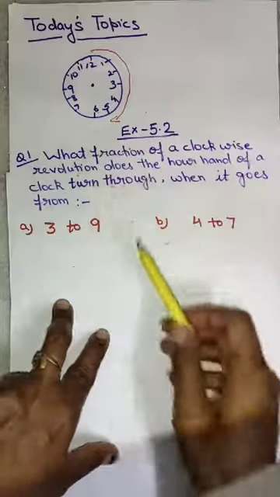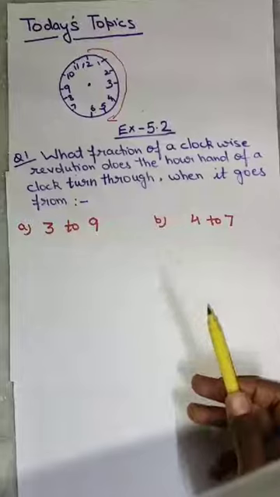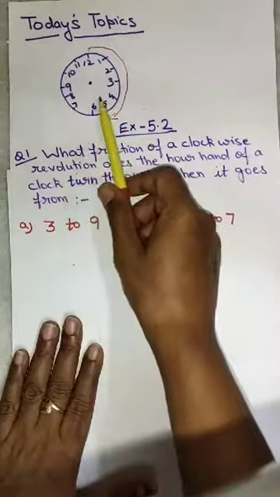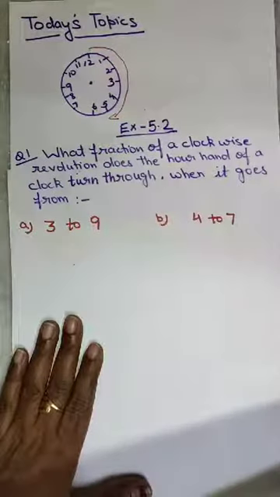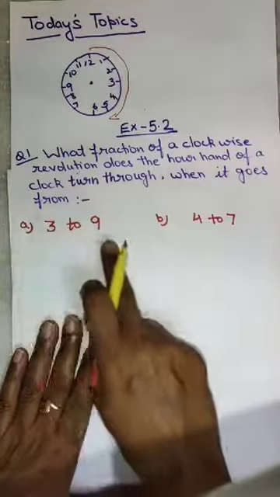So, what fraction of a clockwise revolution does the hour hand of a clock turn when it goes from 3 to 9? This is our clock. Our hand moves in a clockwise direction from 3 to 9.